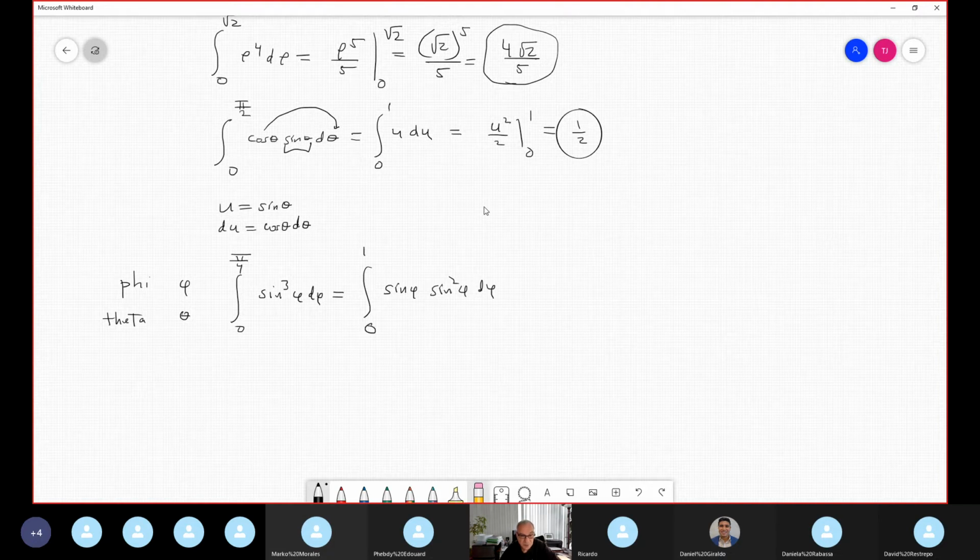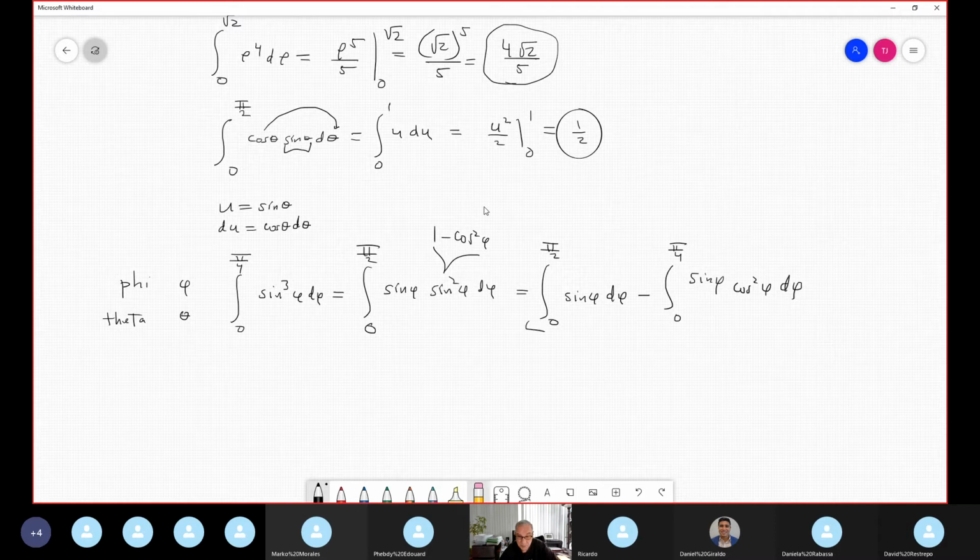The limit stays the same. The only thing I did was break it down because I know, using the Pythagorean trigonometric identity, sine squared is 1 minus cosine squared phi. But you separate in two. The first one is the integral from 0 to pi over 4 of sine phi d phi, minus another integral from 0 to pi over 4 of sine phi cosine squared phi d phi.